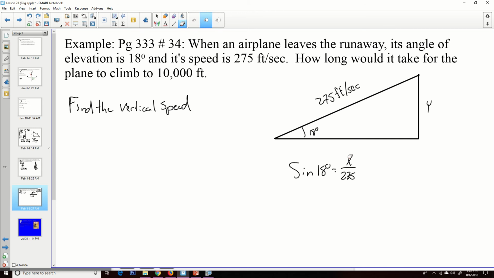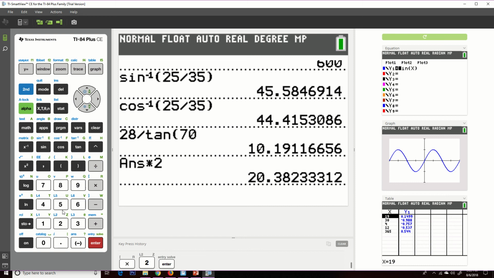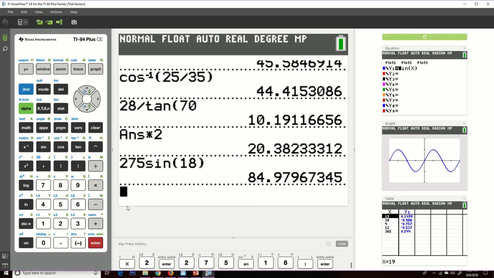I put an x there, and it should be a y. So let's rewrite that. y equals 275 times the sine of 18. Graphic calculator: 275 sine 18, close parenthesis, enter.